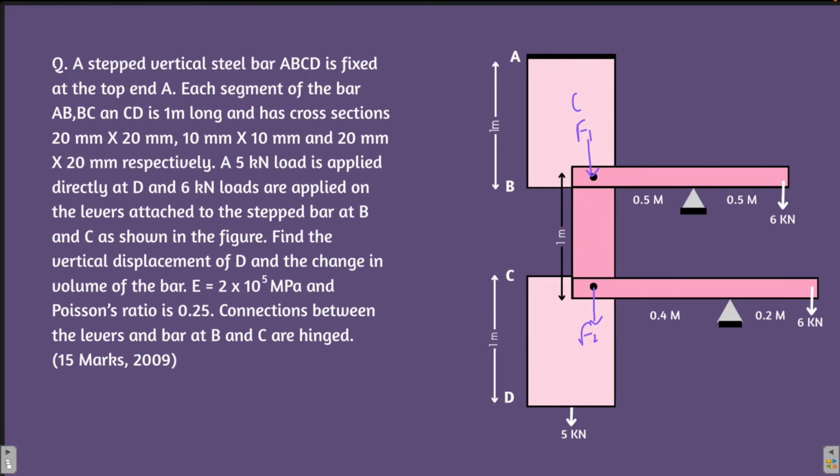F1 was 6 kilonewton and F2 was 3 kilonewton, right?